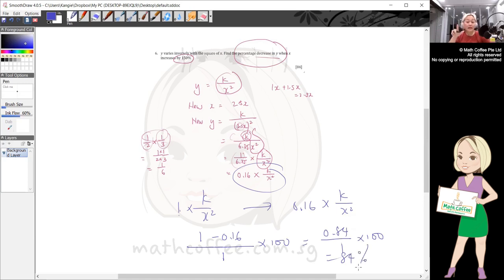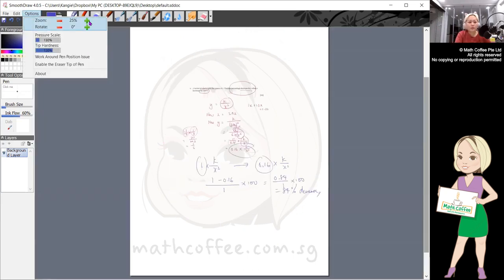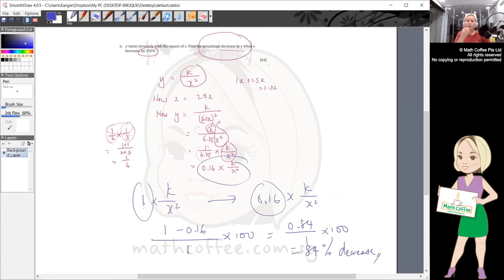I know it can be increased or decreased, but we know that from 1 it becomes 0.16, so it is a decrease. So we will say that it is an 84% decrease. And we are done. Okay, that's for question 6.